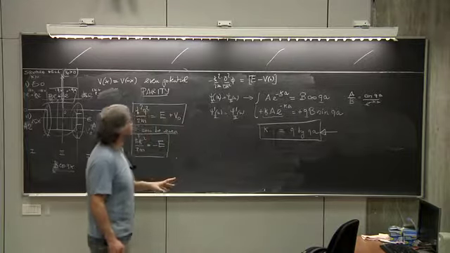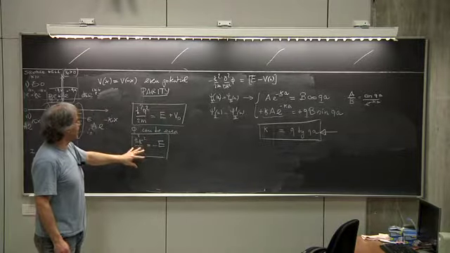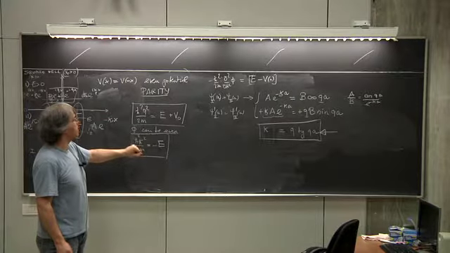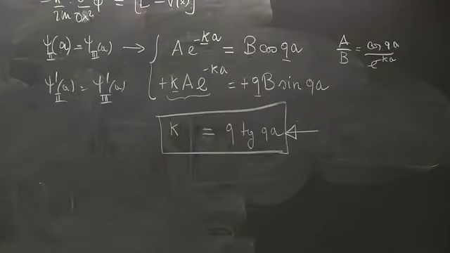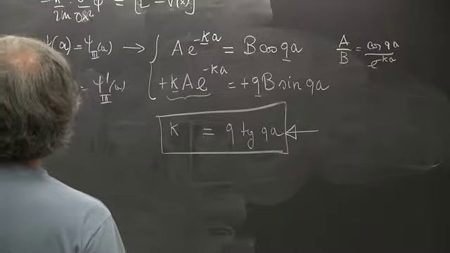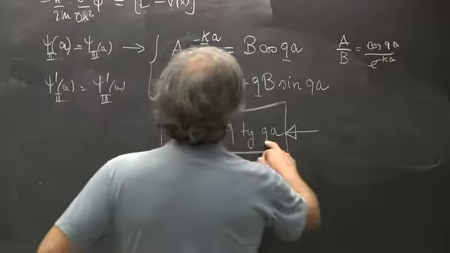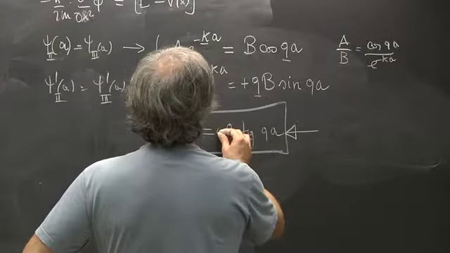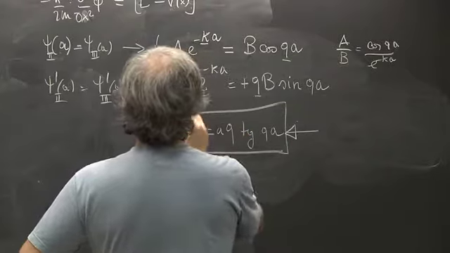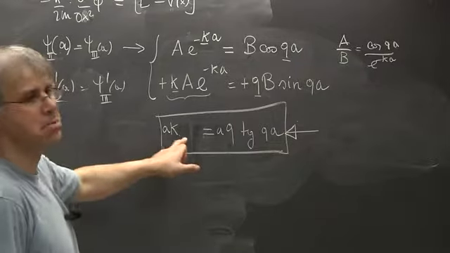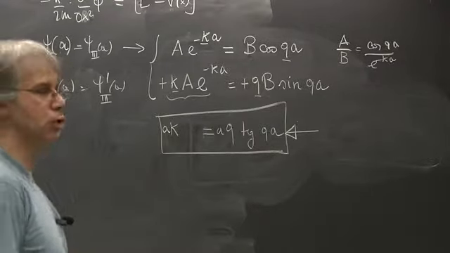And I warn you, this is a place where you should start using dimensionless things. So first of all, here I have Q times A, so let's multiply everything by A.